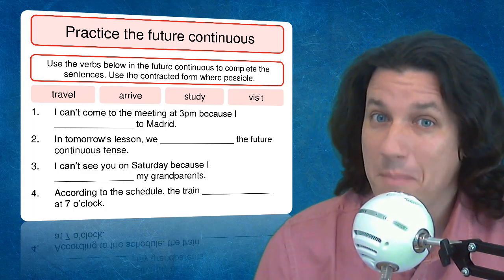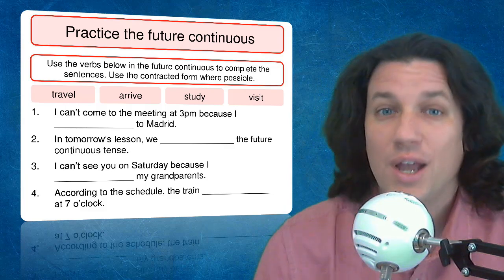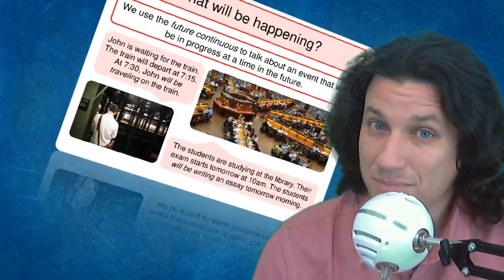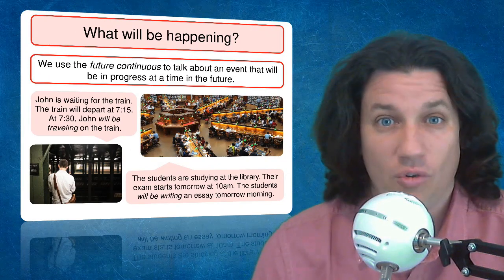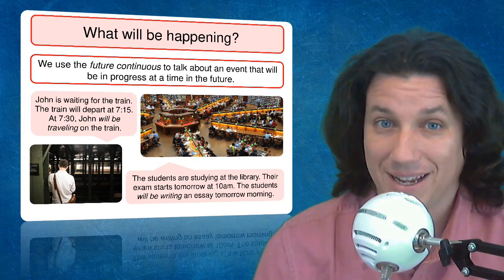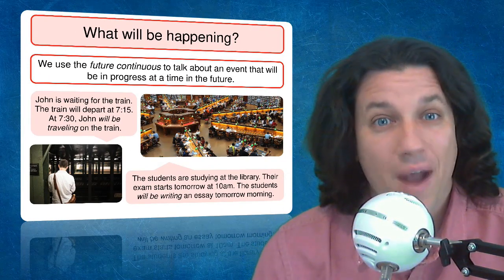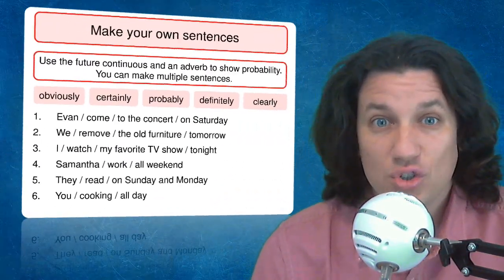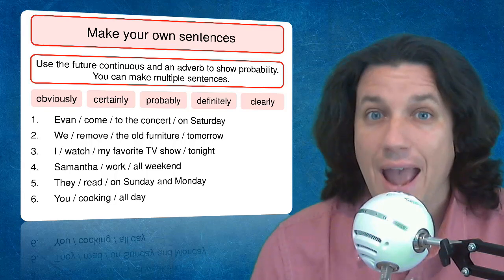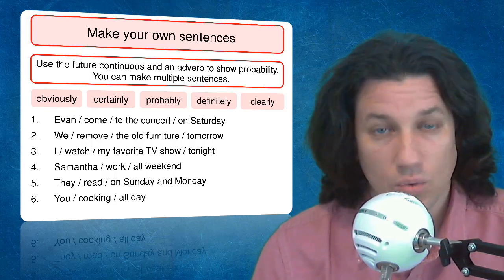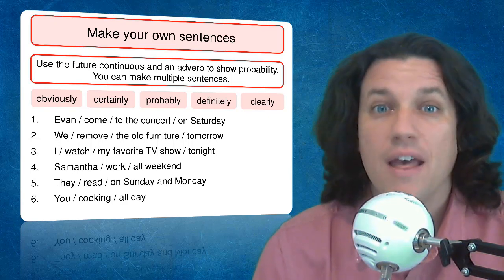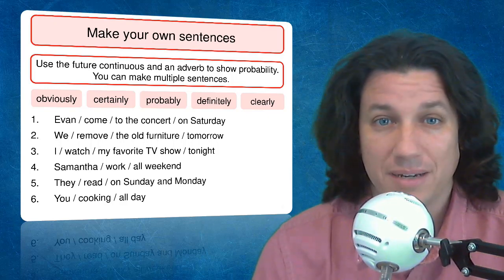Once your student has mastered the basics of the form, you can start to make things more complex. For example, you can introduce the form will be happening. You can also add adverbs of probability, like obviously, certainly, probably, and the word still, which you should spend a little bit of time on since it functions differently than the other adverbs of probability.